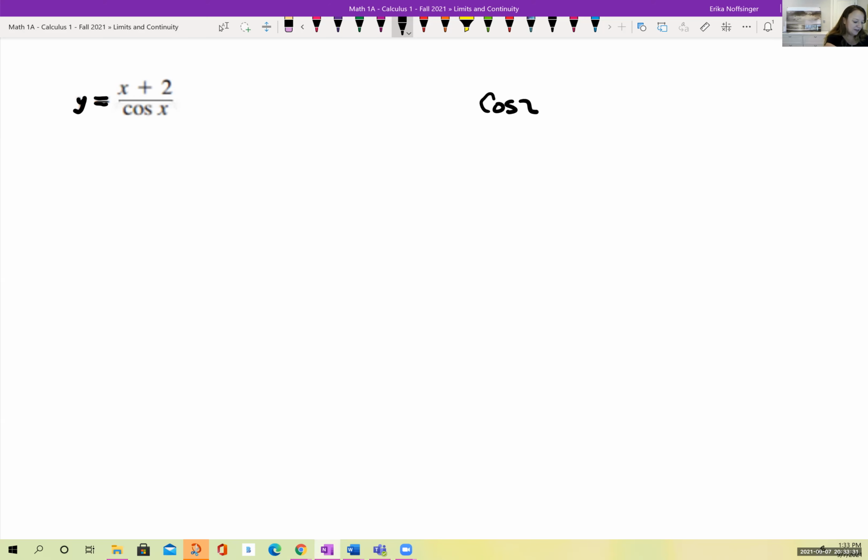When our x value is 0, we had pi halves, and over here, 3 pi halves. But it's periodic, so every 2 pi that's going to be the case, or another way to write that, every pi.